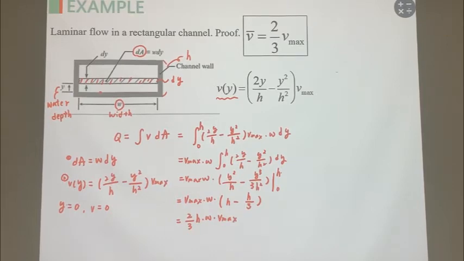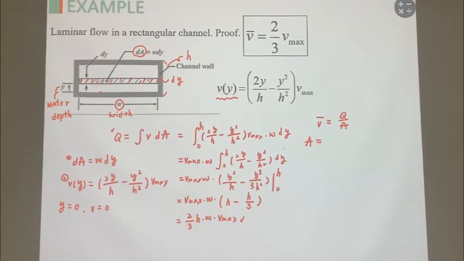But we want to prove the formula shown here. Based on the definition, the mean flow velocity is equal to Q divided by A. Right now we already have the Q value here, so what we don't know is A. So we calculate A first.